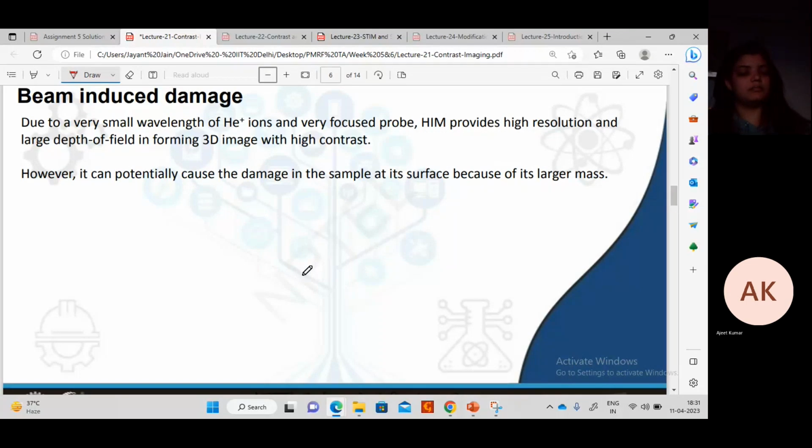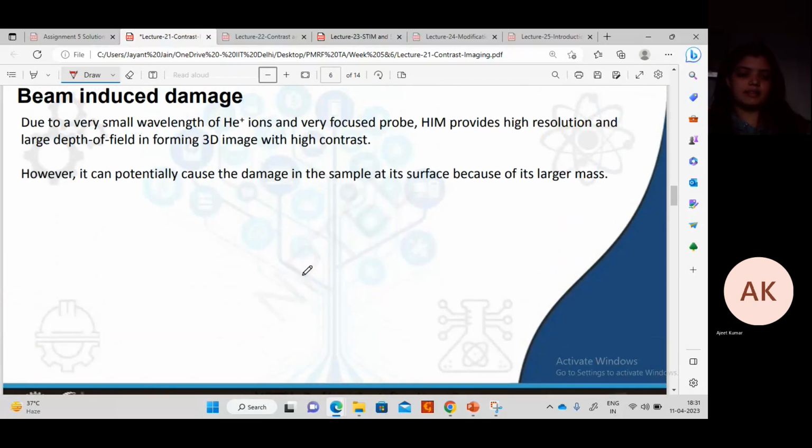In the case of helium, the damage is very small, because the interaction volume is also very small and the signals come only from the surface. That's why we get the highest resolution and larger depth of field, and we can see a 3D type of image with better contrast.